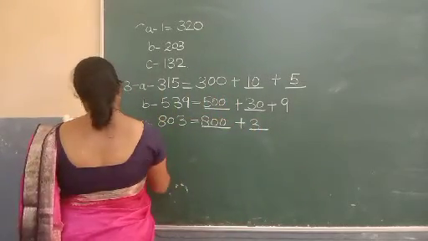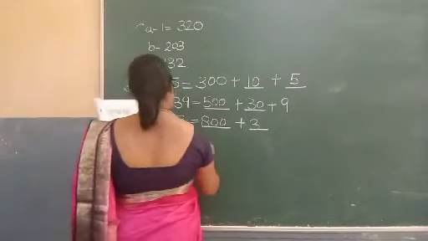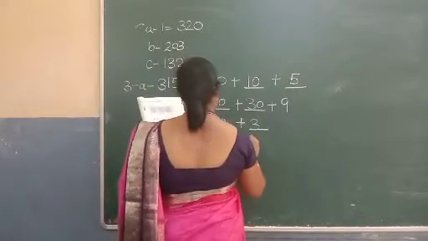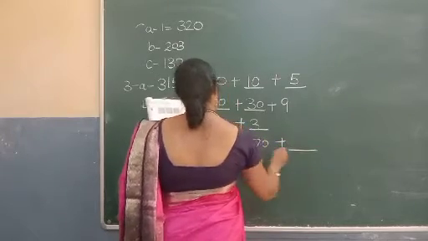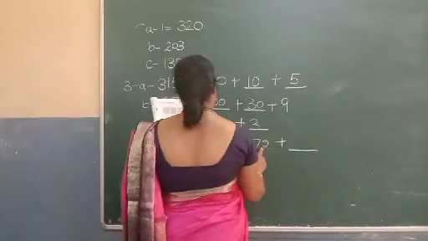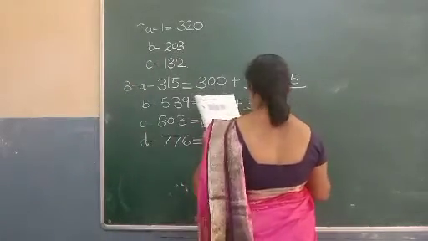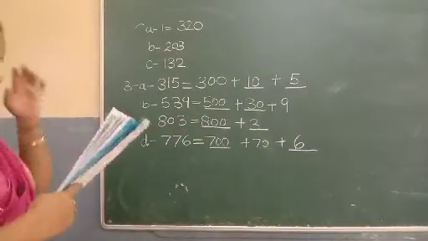Next D, 776. Here we can write 700 plus 70 plus 6. Okay. See and fill in your book.